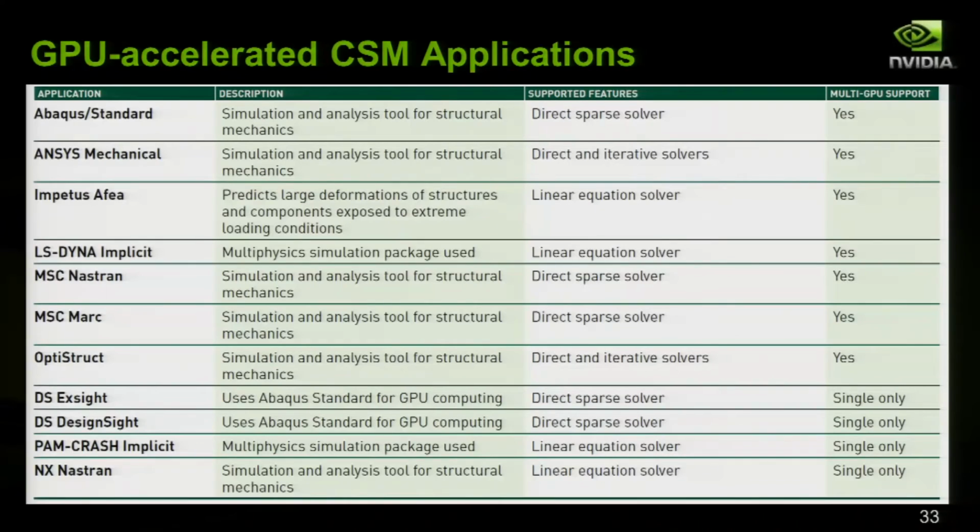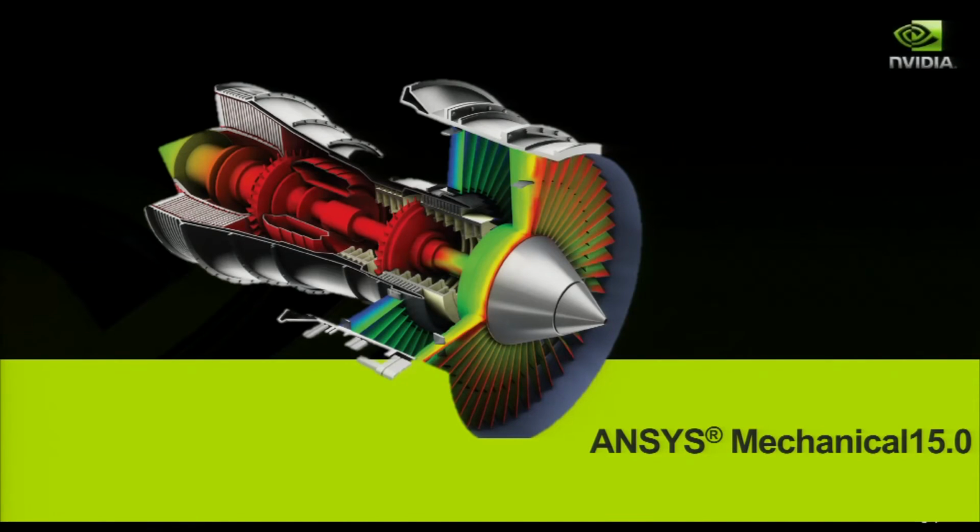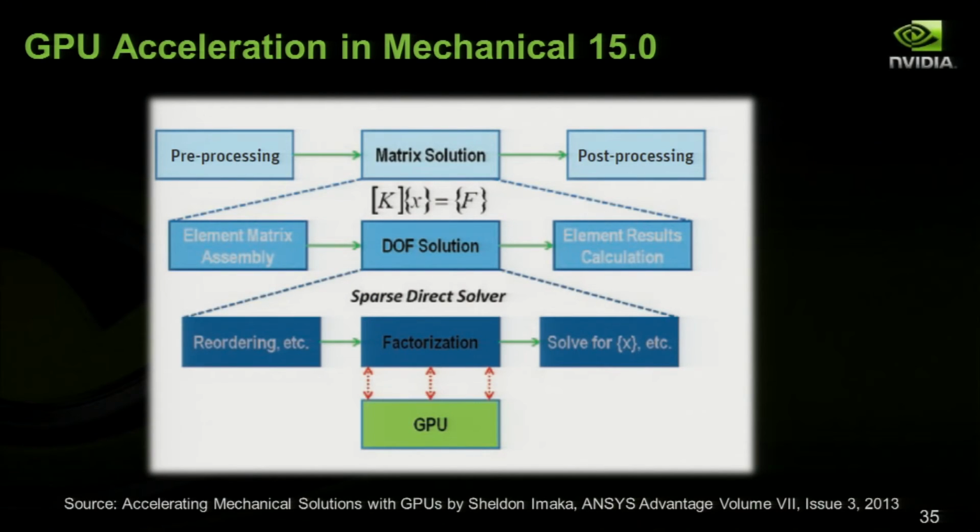So I'm going to switch gears and now cover the structural mechanics applications. Again, this is a comprehensive list of applications that we accelerate using GPUs. And I'm going to discuss ANSYS Mechanical first. The way it works in ANSYS Mechanical is like in ANSYS Fluent, as I described, we send the linear solver portion to GPUs.